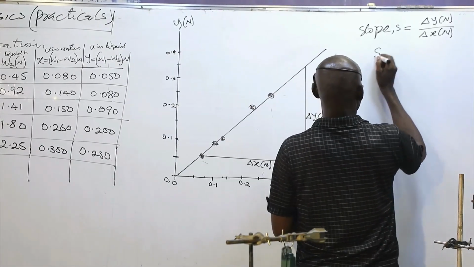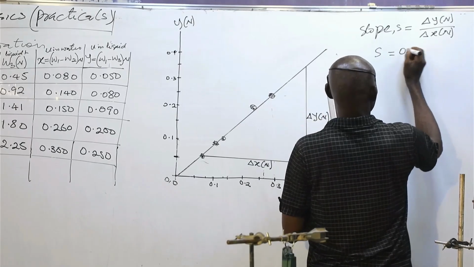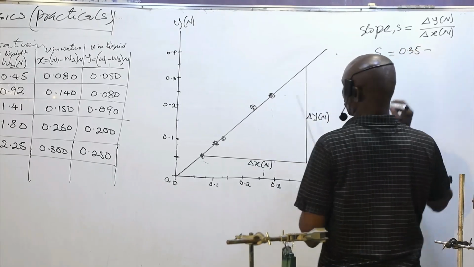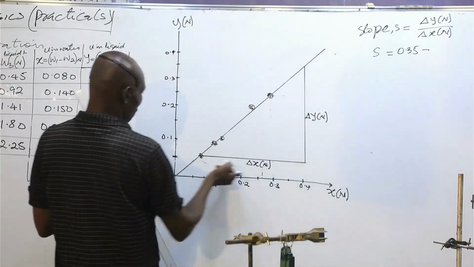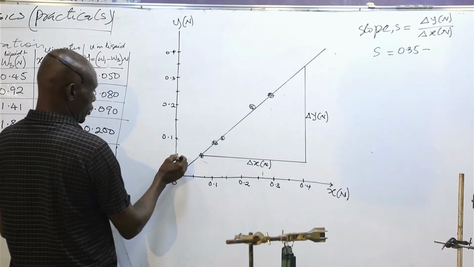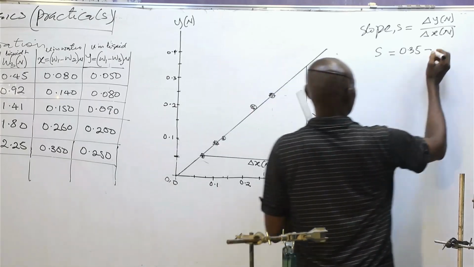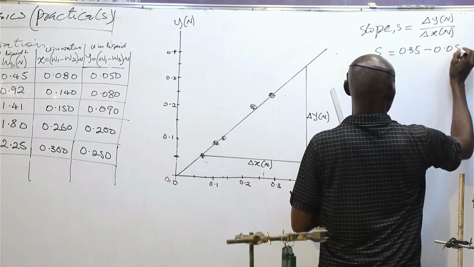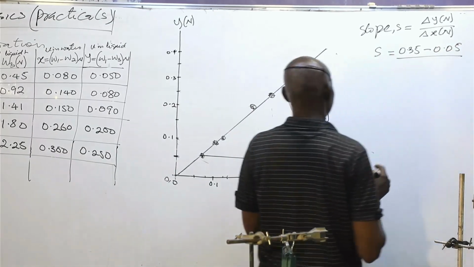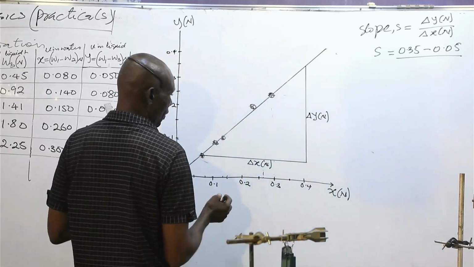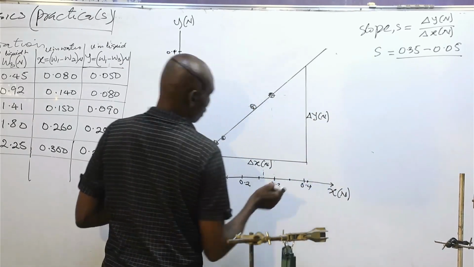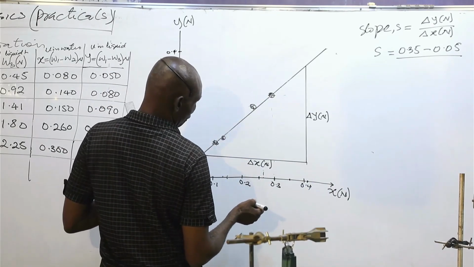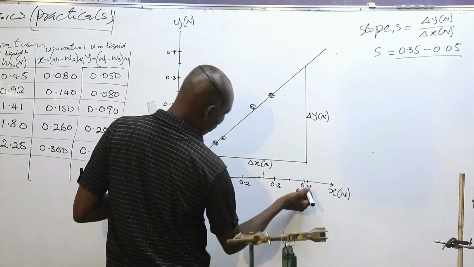So I have the slope as equivalent to 0.35 minus, I'll read the down one, this down one is 0.05, minus 0.05, all divided by, I'll read the horizontal. The horizontal here gave me 0, and this place gave me 0.42.